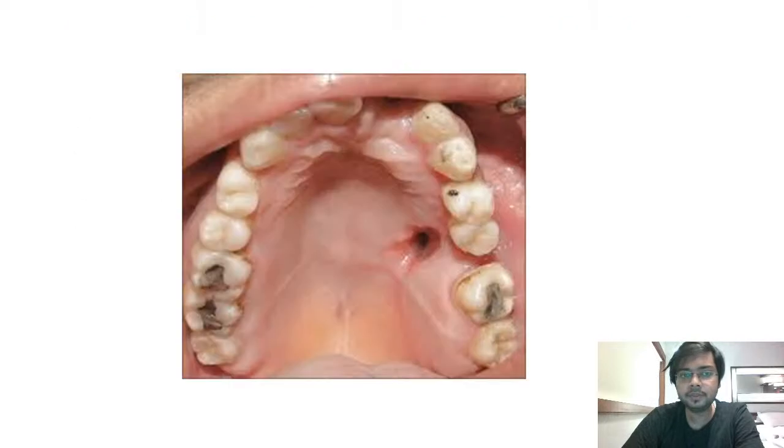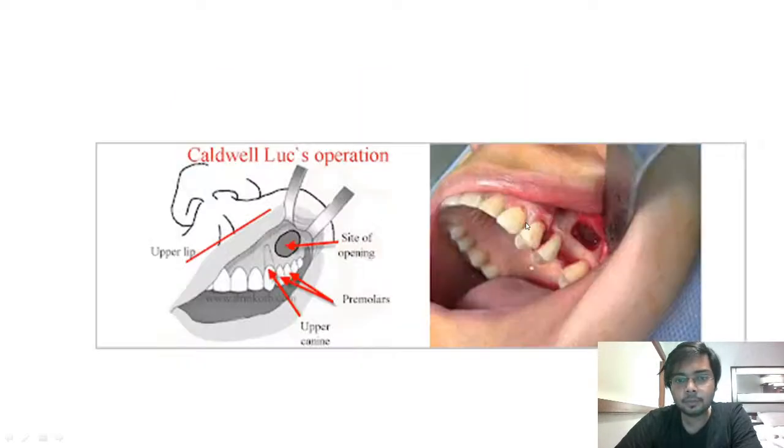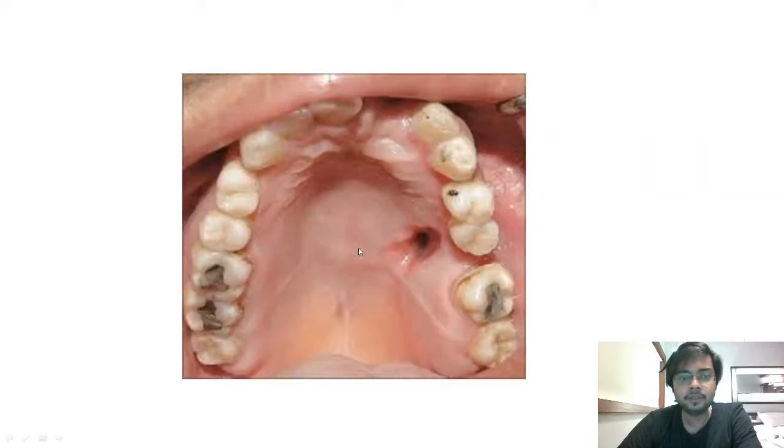Why? Oroantral fistula means a communication between the oral cavity and the maxillary antrum or sinus. It can be caused by removal of a tooth, as the cavity can be left, causing an oroantral fistula. In the Caldwell-Luc operation, the surgeon iatrogenically creates an opening through the oral cavity into the maxillary antrum, which can also lead to an oroantral fistula.